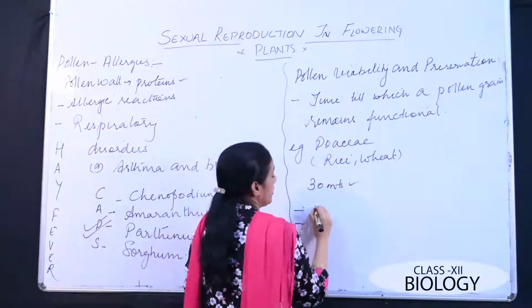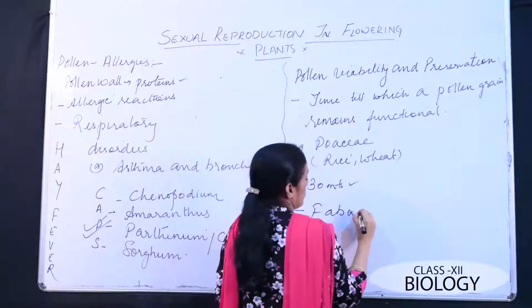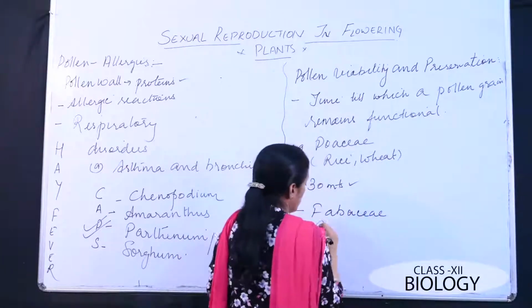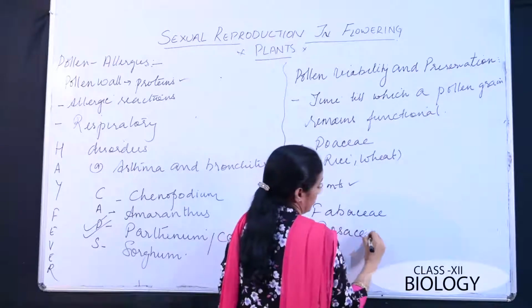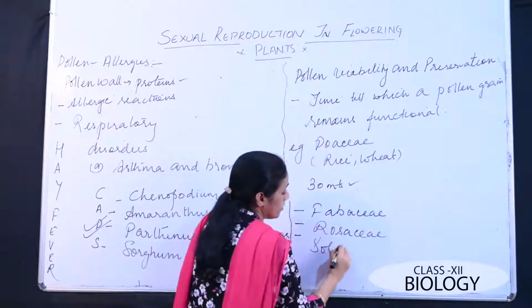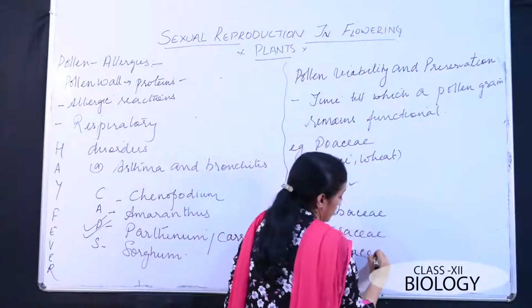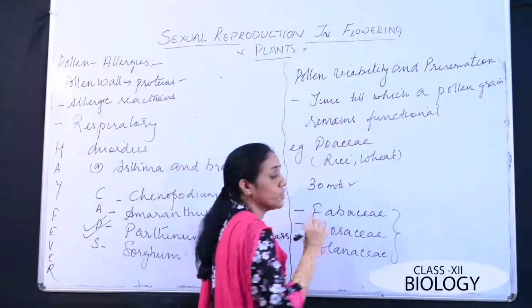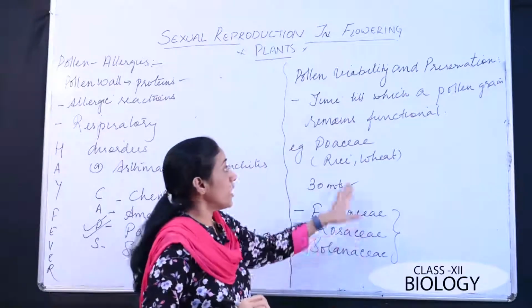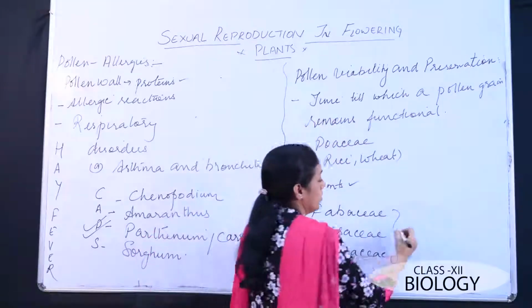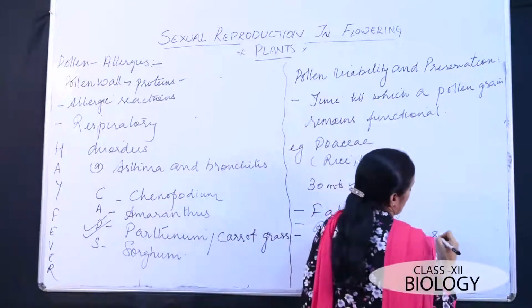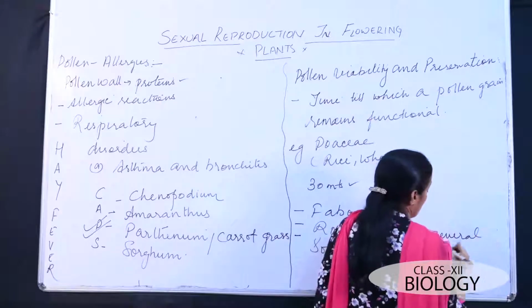For example, the Fabaceae, the Rosaceae, and the Solanaceae. In these 3 families, we see that the pollen viability remains for several months. So here you add a word: for several months the viability remains.